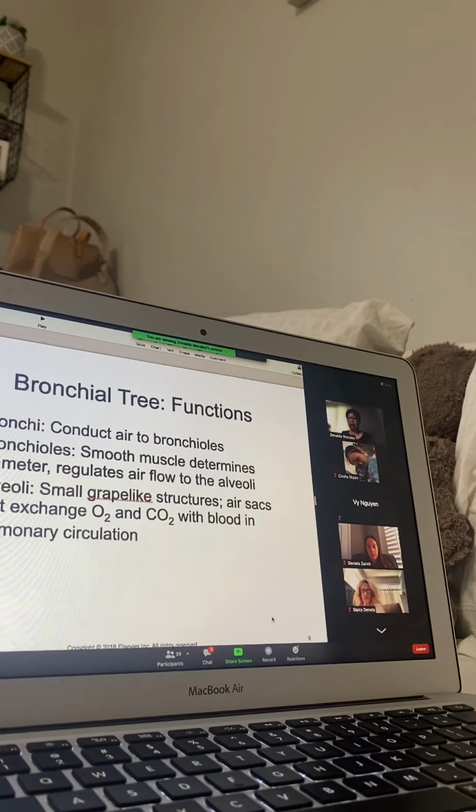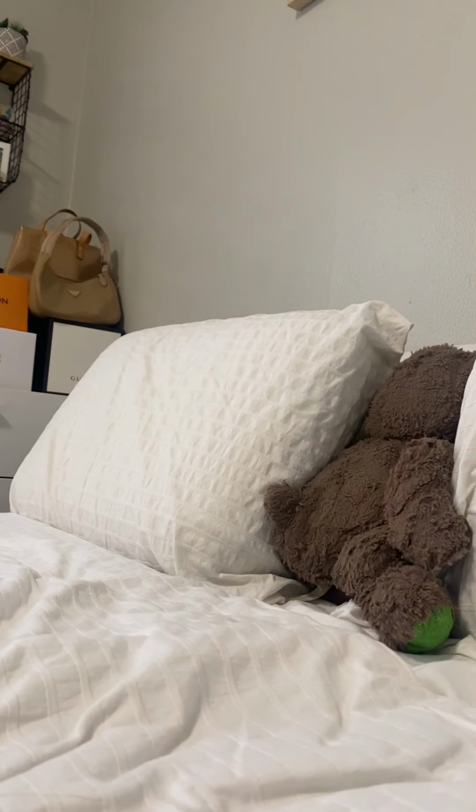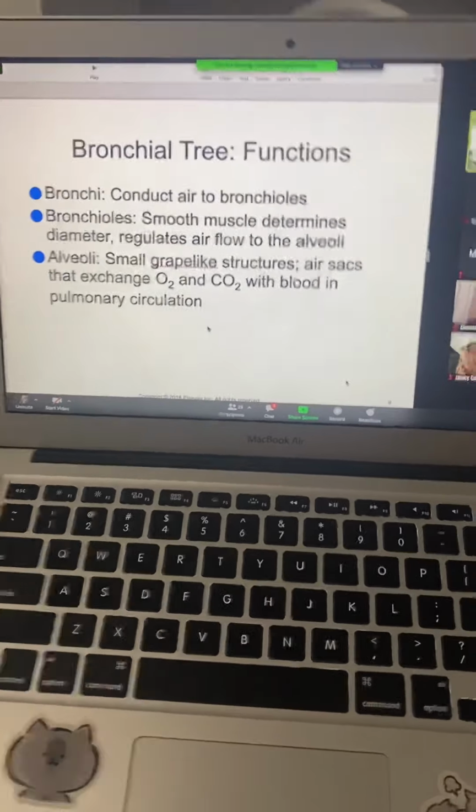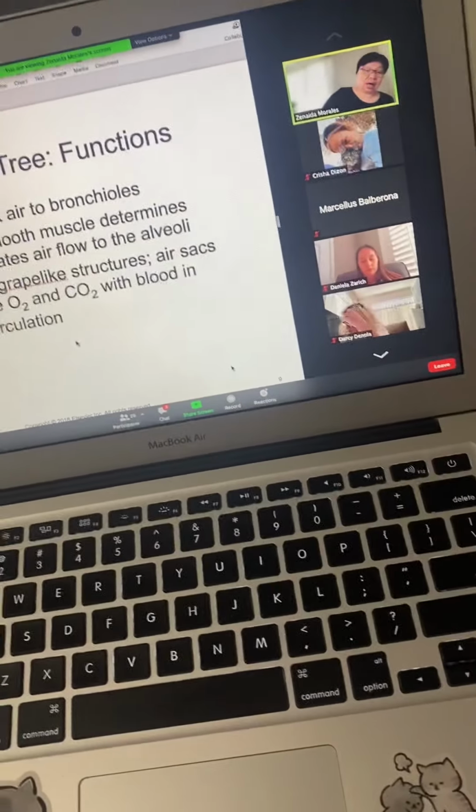Systemic and pulmonary circulations. So exchange of gases in the lungs is one kind of circulation. It's the pulmonary, just for the lungs. And when it is transferred to the heart, that is your systemic circulation. So we have pulmonary and systemic.